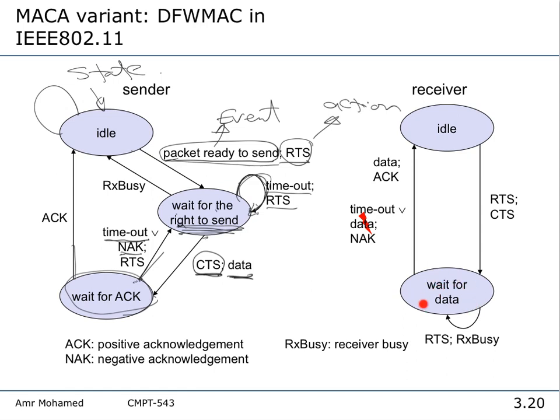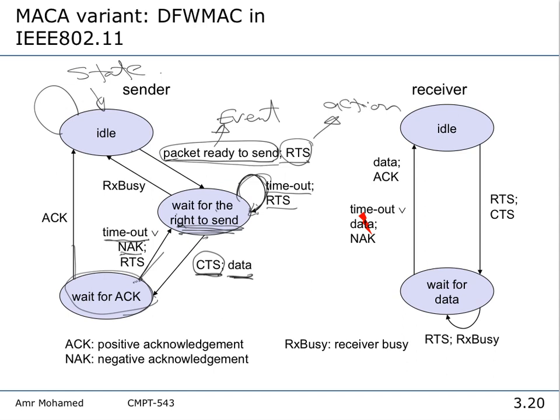If I'm waiting for the data, and then there is a timeout or anything, then I go back to being idle, which means that I failed, and I wait for another clear instruction from the sender. So the sender is the main driver now. The sender is the main driver. So if there is any event, any failure, I will go back to being idle, and I will wait for another instruction from the sender.